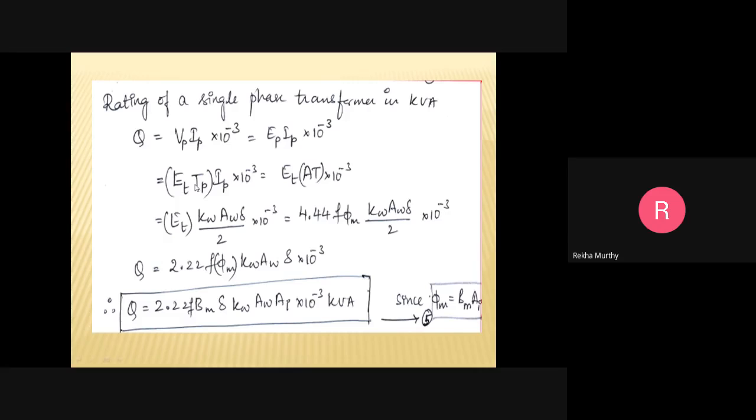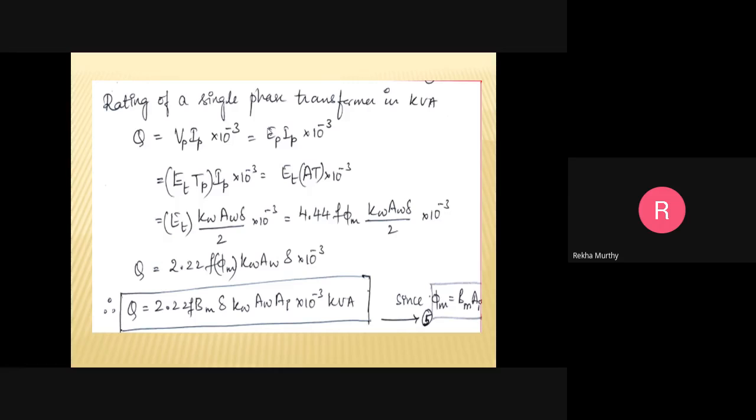So EP can be written as ET into TP. I am splitting a single formula: it is a product of ET into TP. IP stays the same; I am only splitting up the first voltage. EMF per turn multiplied by turns will give you EMF.